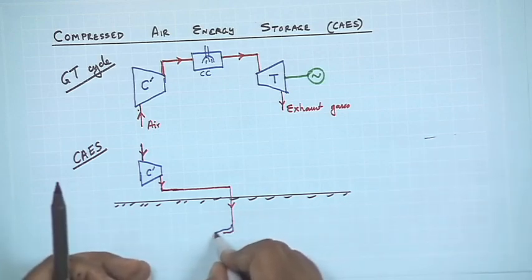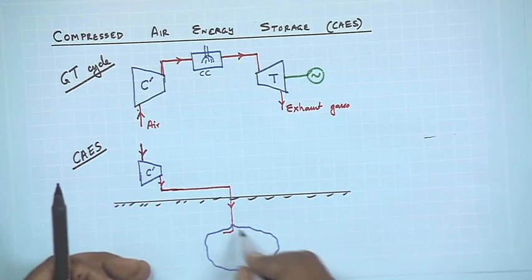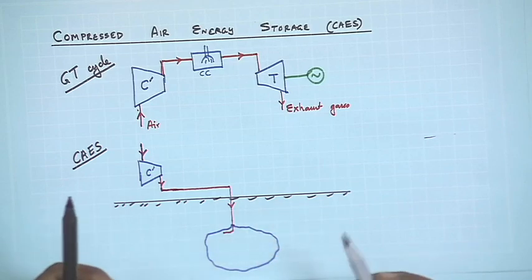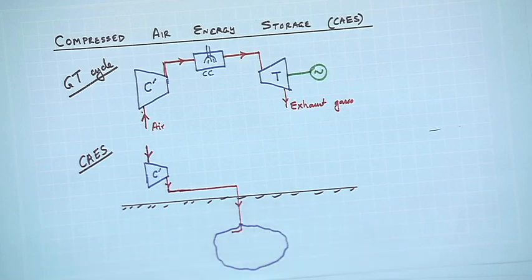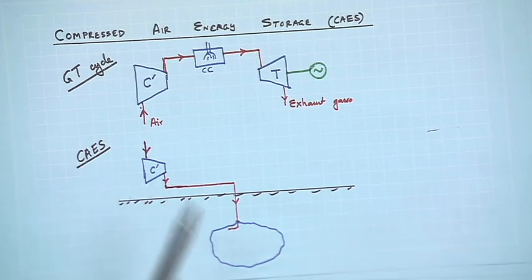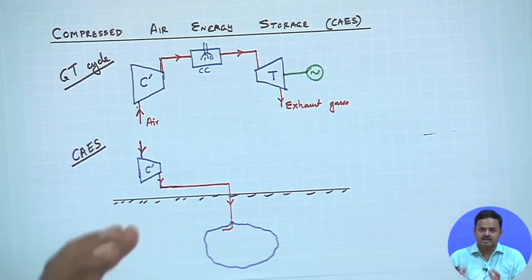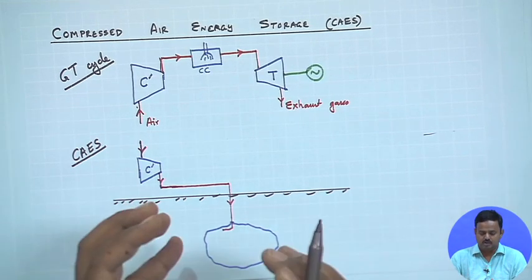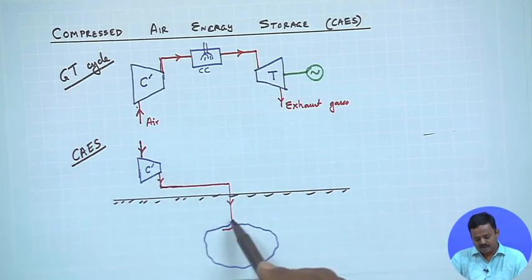It is stored in a large, empty volume, where this compressed air goes and is stored. Okay. Next, what is this air at? Because it has been compressed, its volume is lower than what it was over here, and it is at a higher temperature.